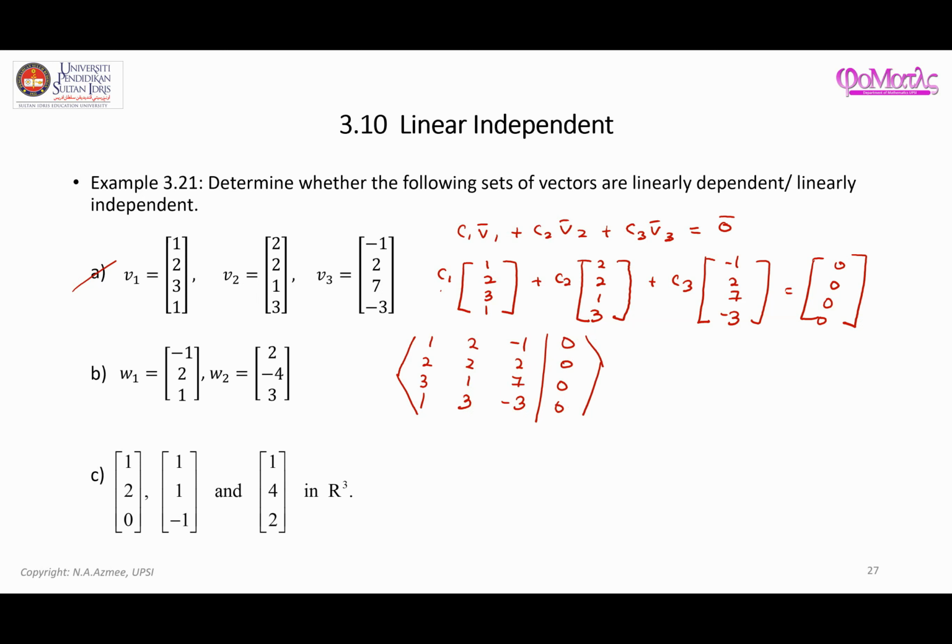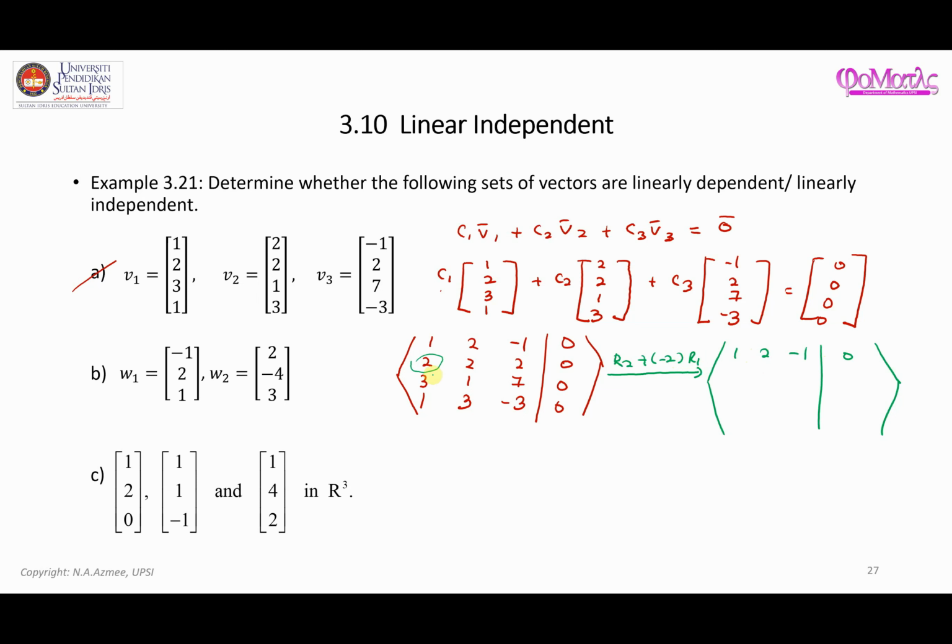What I'm going to do is change this part into 0. The operation that I need to do is R2 plus negative 2 R1. The first row is maintained as it is.